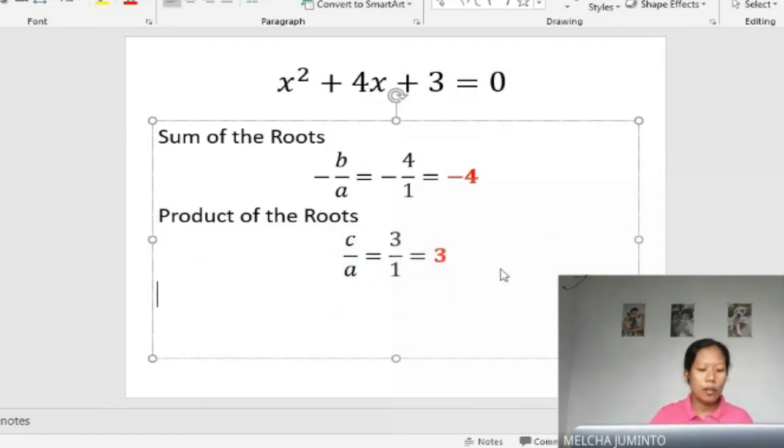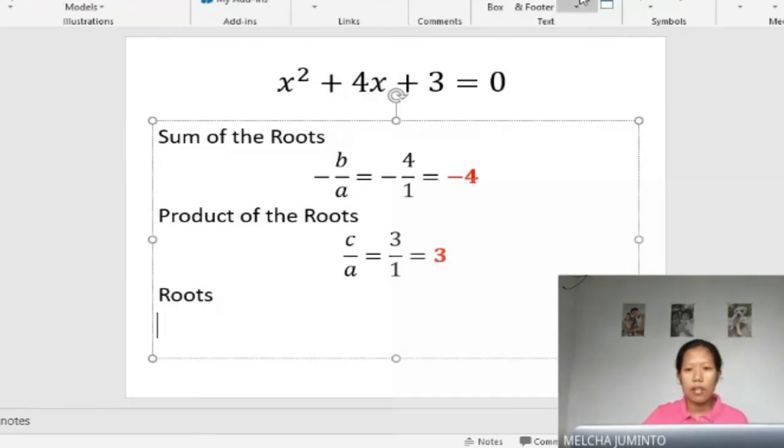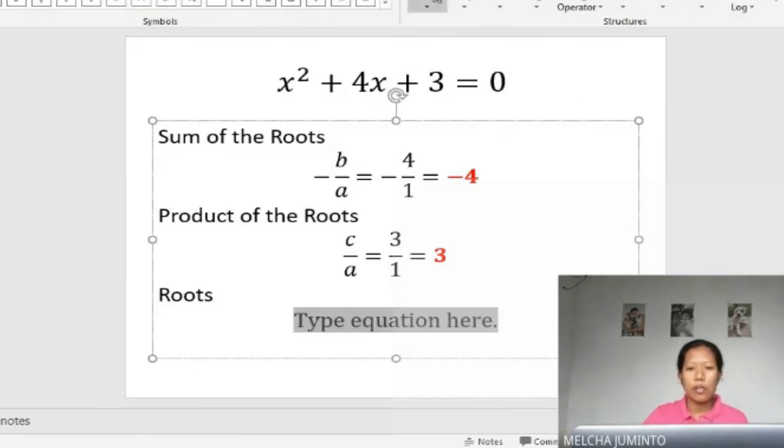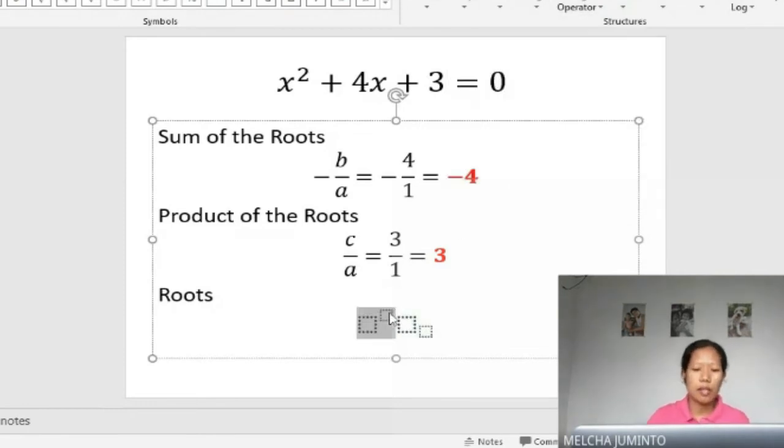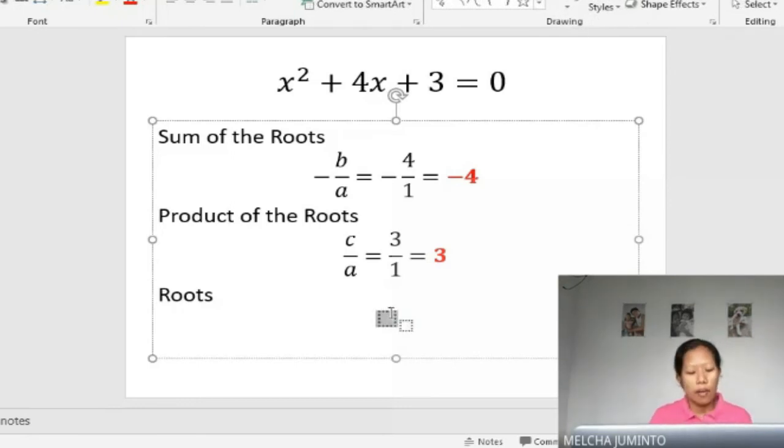Now, to find the roots, you will think of two numbers that, once you add, the result is negative 4, but once you multiply, the result is positive 3. We are solving for two roots here, x sub 1, the first root, and x sub 2. To find these, we need to consider the values of the sum and product.